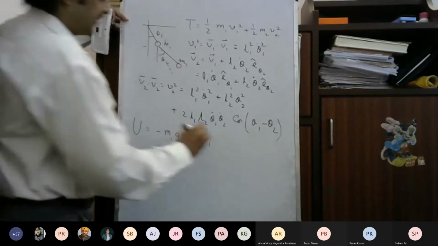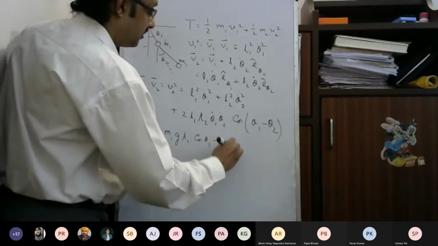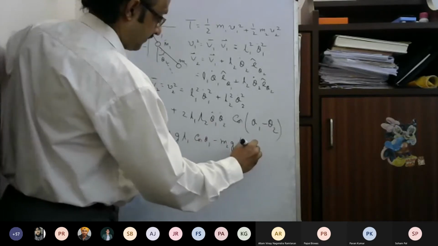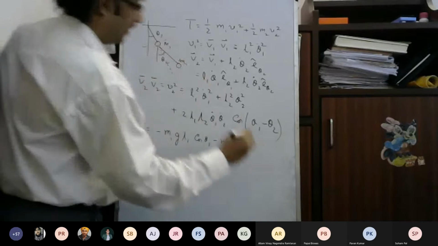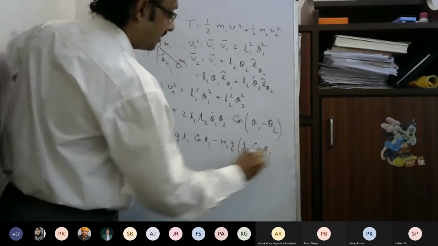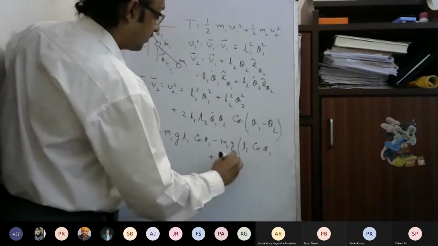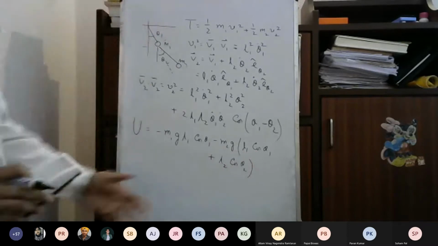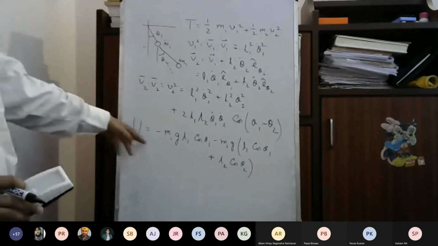And for the second mass, m2 g, the total one, L1 cosine theta 1 plus L2 cosine theta 2. So this will be the potential energy.